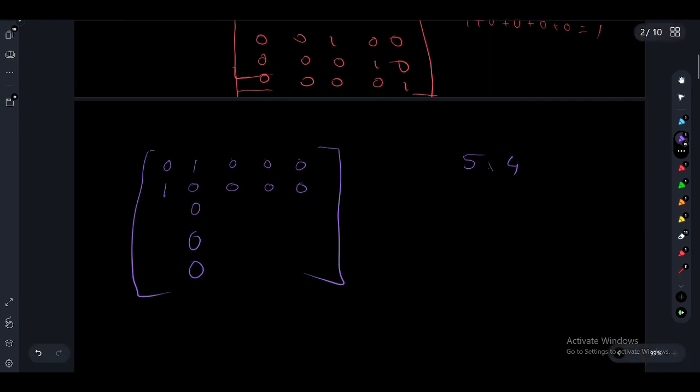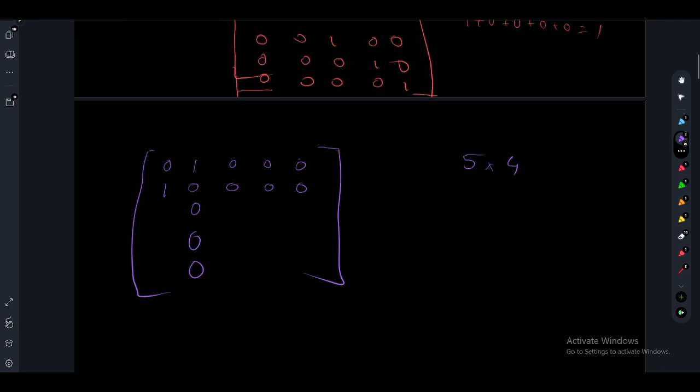So you can take the multiplication, because if there are 5 ways for one event to occur and 4 ways for a second event to occur, then there are 5 into 4 ways for both events to occur. That is, there are 5 into 4 ways we can put 1 in the first row and in the second row.